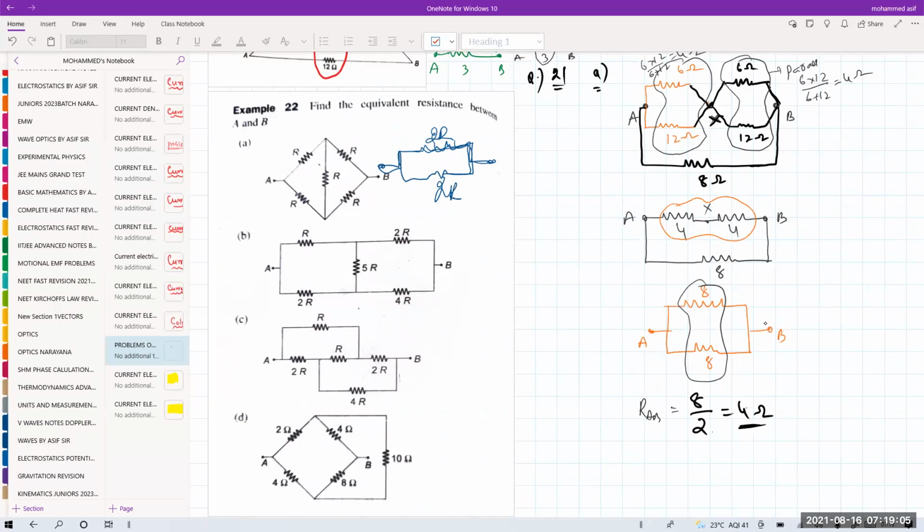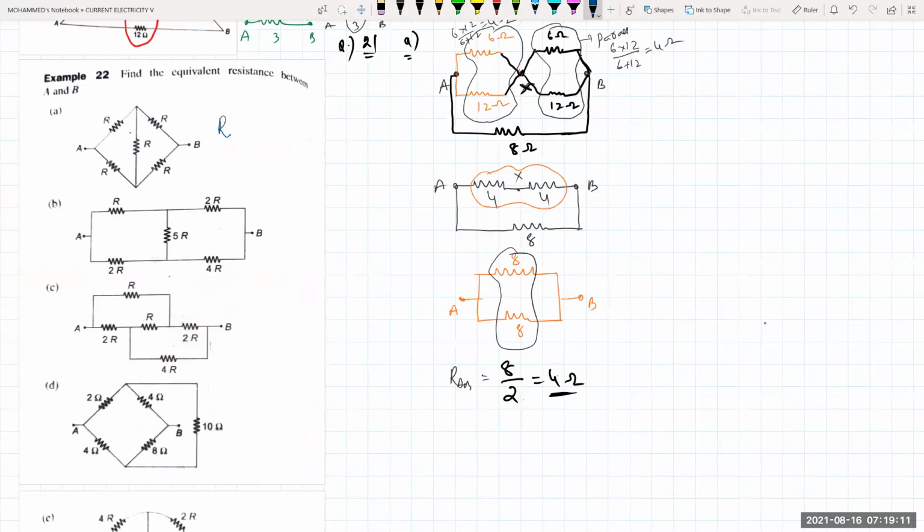Parallel. So what will be the effective? Resistance across A and B will be equal to 2R squared divided by 4R, that is 2R squared by 2R. So R gets cancelled. What will we get? R. Understood? Yes, sir.